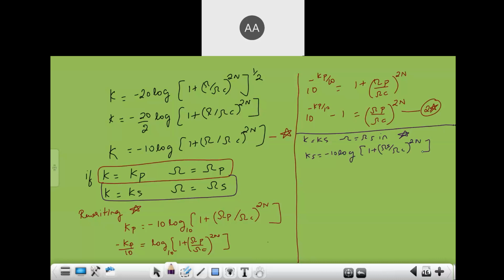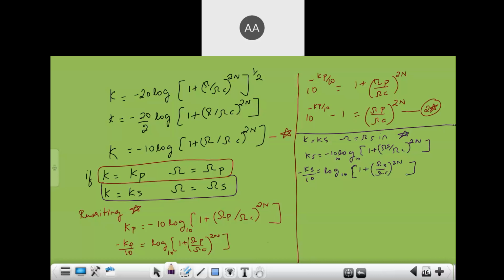So on similar lines, just like the earlier case, I will send this to the other side. It becomes minus Ks by 10 is equal to log to the base 10 of 1 plus omega S by omega C, whole thing to the power 2n, right?